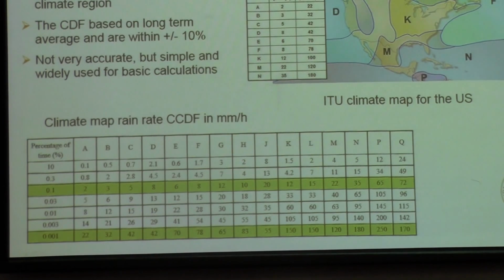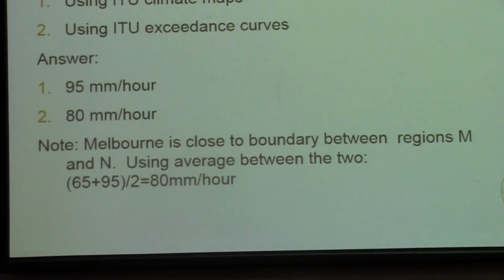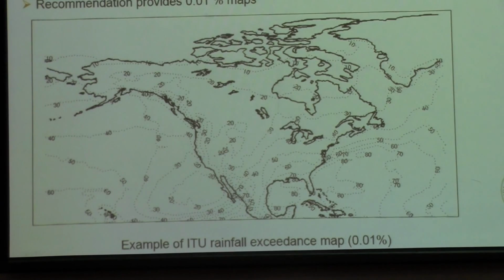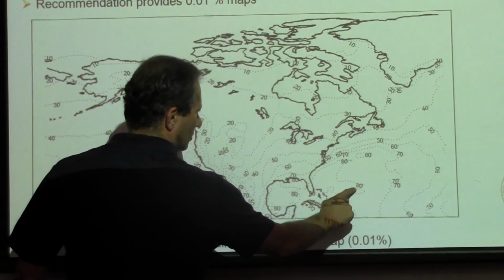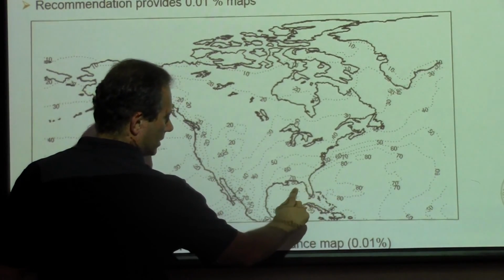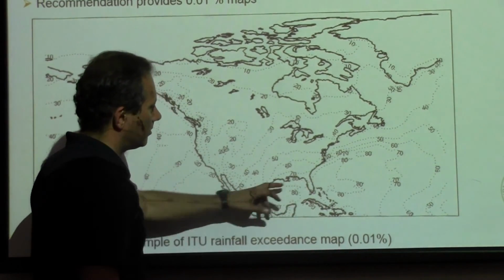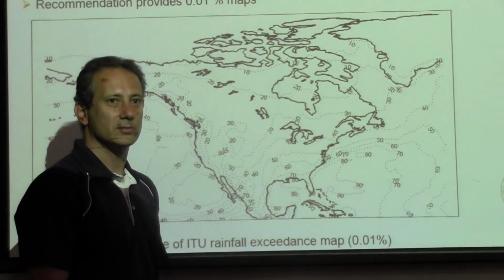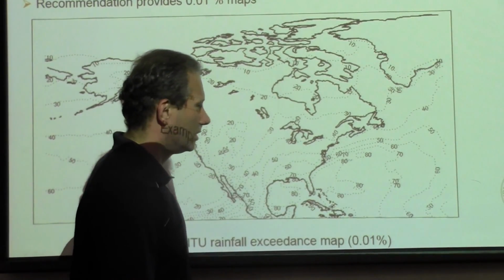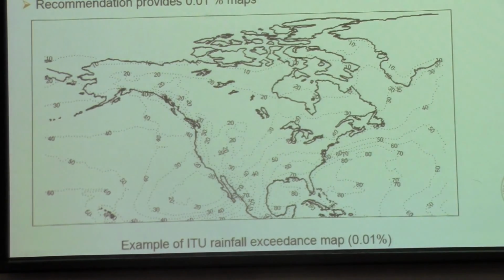And if you look at the climate maps here, they're more detailed. There is this contour here that goes straight above the numbers, so it's the 80 contour. So both maps give you approximately the same result of 80 millimeters per hour.